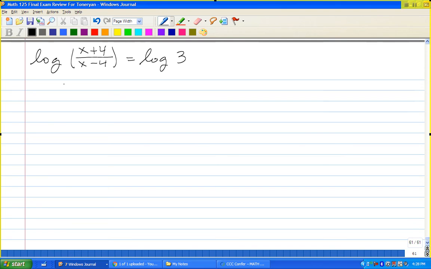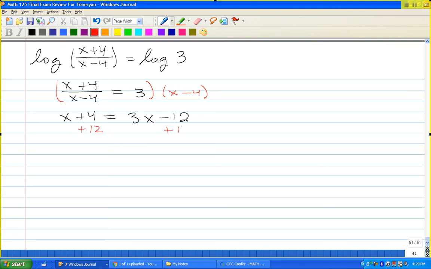So x plus 4 over x minus 4 must equal 3. Multiply both sides of your equation by x minus 4. So I get that x plus 4 is equal to 3x minus 12. Add 12. Subtract x from both sides of your equation. So 16 equals 2x.